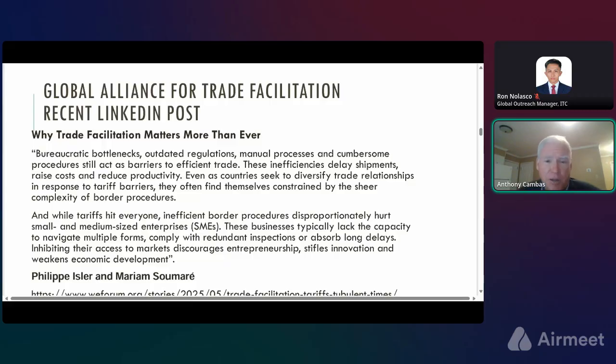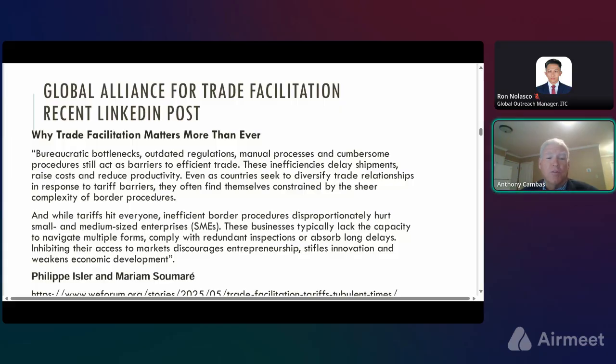Bureaucratic bottlenecks, outdated regulations, manual processes, and cumbersome procedures still act as barriers to efficient trade. These inefficiencies delay shipments, raise costs, and reduce productivity. Even as countries seek to diversify trade relationships in response to tariff barriers, once again putting that into the current context around tariffs, they often find themselves constrained by the sheer complexity of border procedures.